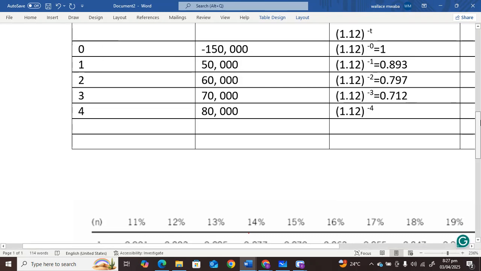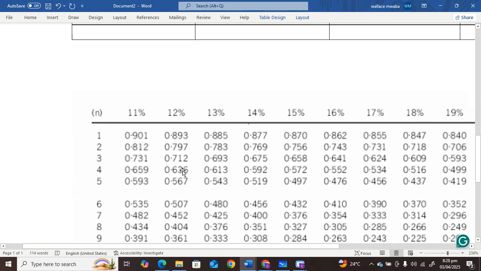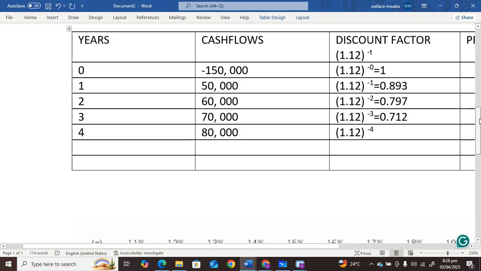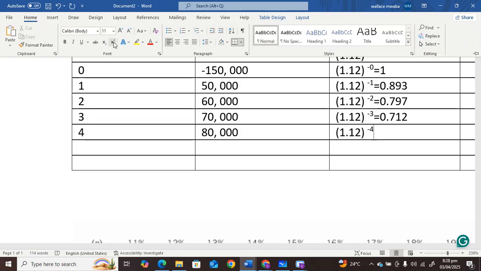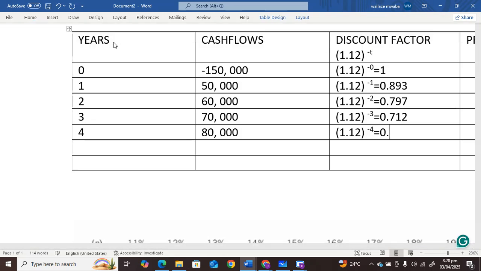Year 4, our discount factor 0.636. Yes. Colleagues, any questions before I proceed further?